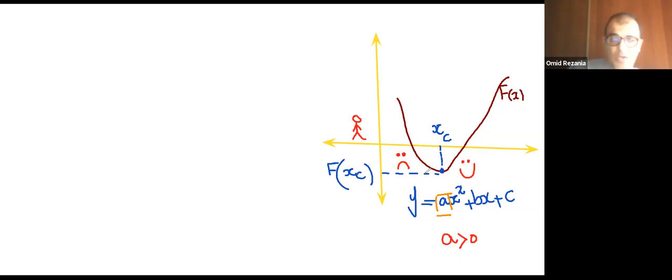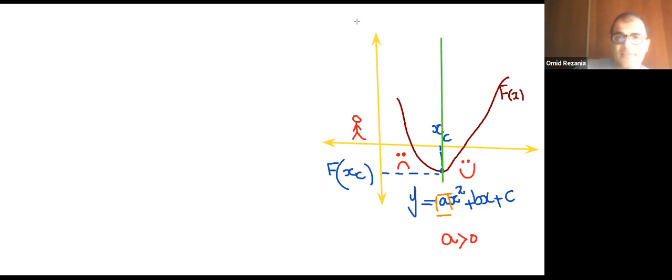Now, all the things that we discussed yesterday were about how to find this point. Essentially, we saw that as soon as we are able to find this point, we can have a line, which we call a vertex line. And what does the vertex line do?